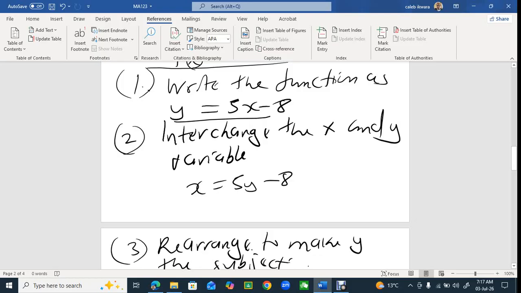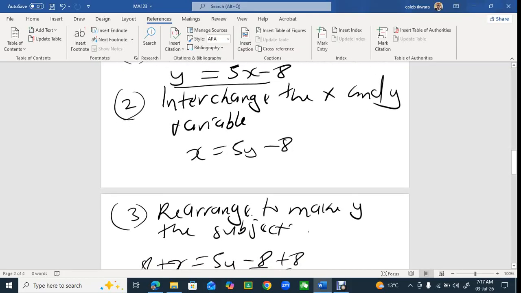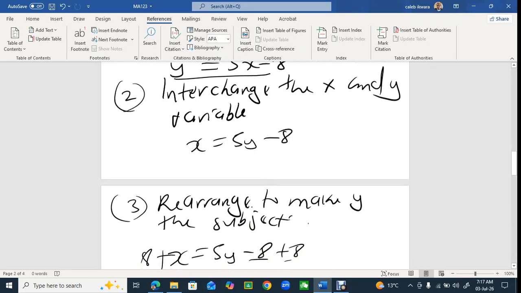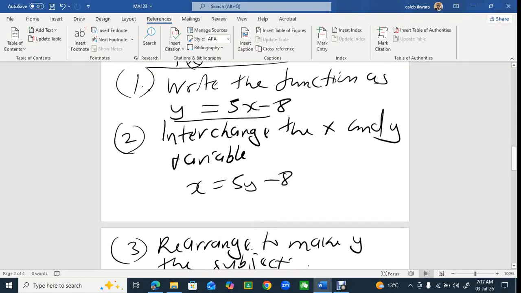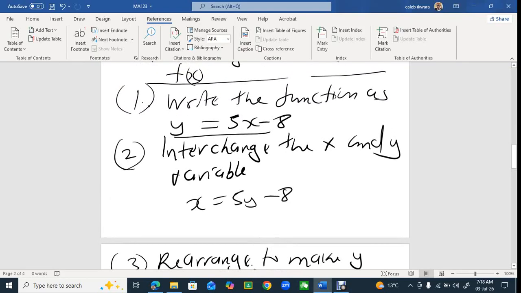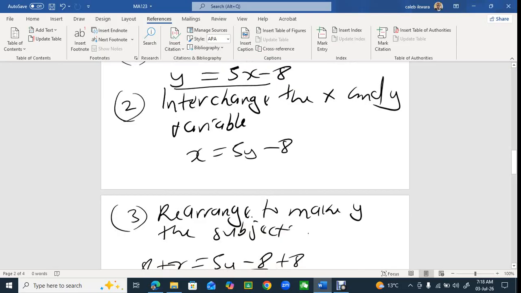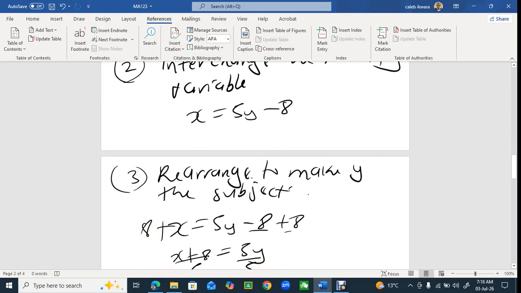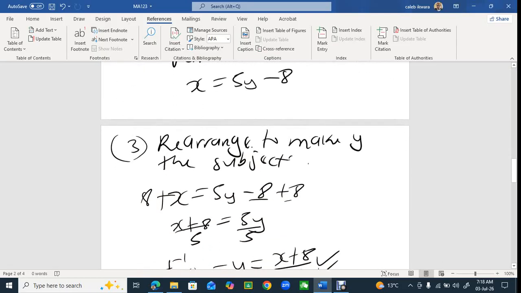Our intention here, to get the inverse, is to make y the subject. So we cannot make y the subject when it's already the subject from the first equation. So we need to interchange them and make y the subject at the end of the day.